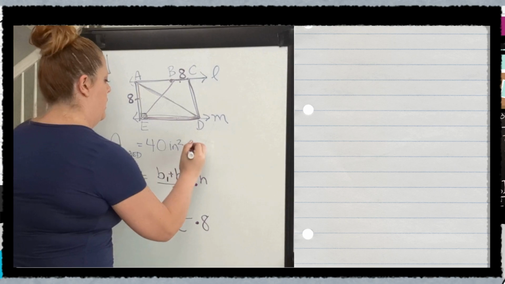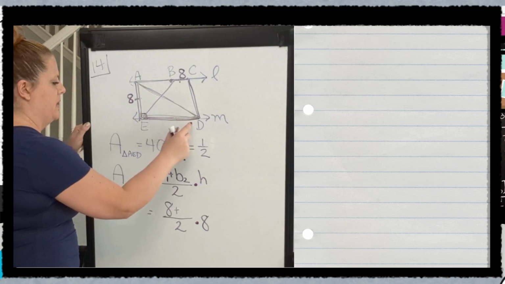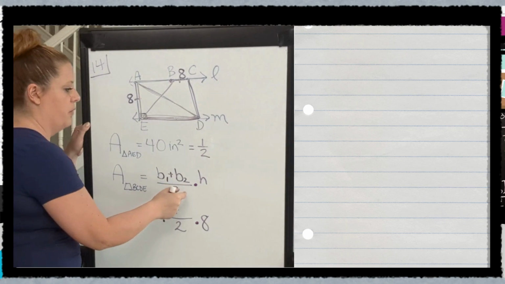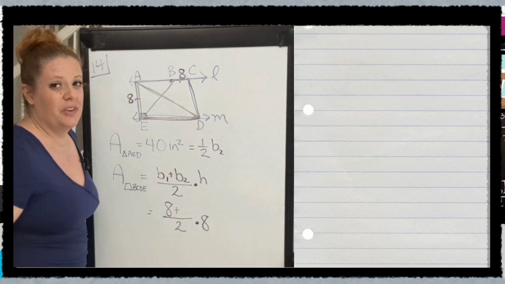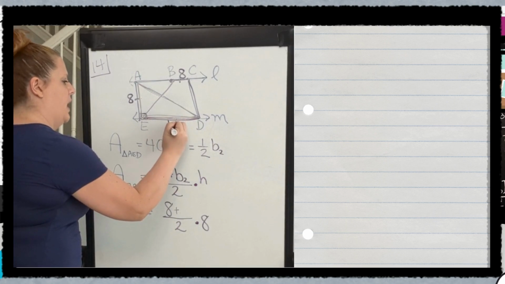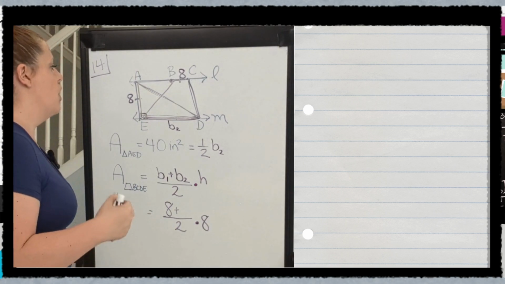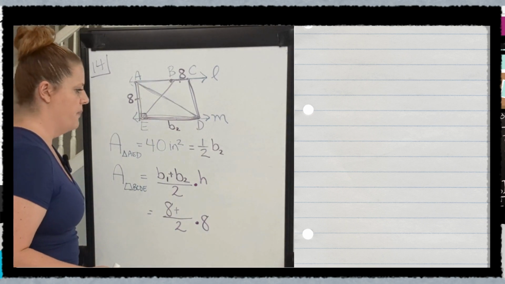So I know 40 is equal to 1/2 the base of AED, which we don't know, but it would be useful to know because it's the base that we're looking for. So I'm going to call it B with a little 2, just because that is base 2 of the trapezoid. It's also happening to be the base of the triangle they gave us the area of.